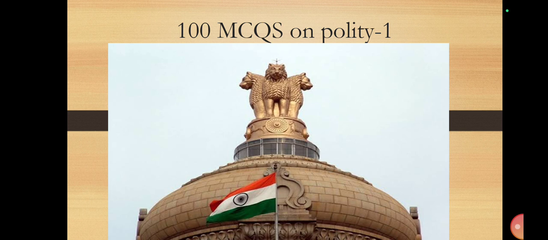Qualified veto: if a bill which has been rejected by the President for the first time is reapproved by the Parliament with a two-thirds majority, the President's veto is qualified. Suspensive veto: if a bill rejected by the President for the first time is reapproved by the Parliament with a simple majority, the President's veto is suspensive, implying that the presidential veto is overridden by a repassage of the bill by an ordinary majority.